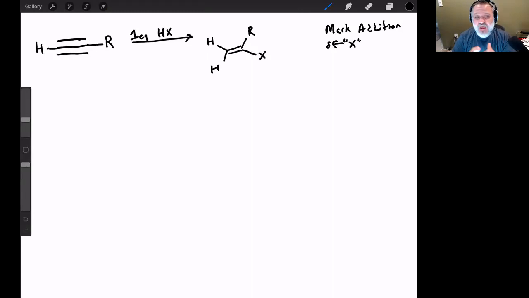I add X at the more substituted location. If I add one equivalent of HX to an alkyne, then I end up with an alkene instead of an alkane, but it's still getting an X in the most substituted location.